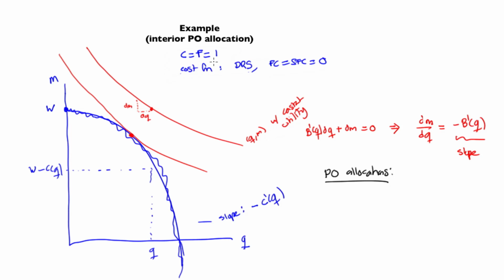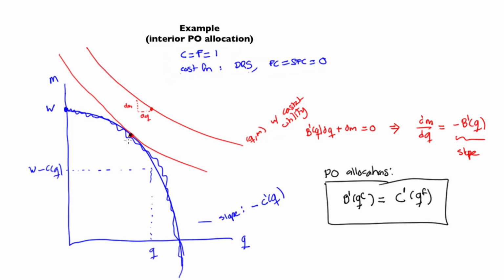But the one that does bite is this condition of optimal production, which for an interior allocation in this case says that B prime at the quantity given to the consumer, I'm ignoring the subscripts since there is only one consumer and one firm, has to be equal to C prime at the amount produced by the firm. That's what we need. And that's exactly the condition that we identified graphically in this case. So the purpose of the example was just to show you how the graphic intuition we derived before is exactly the same thing that is captured by the formula, in this particular case by property number 3.